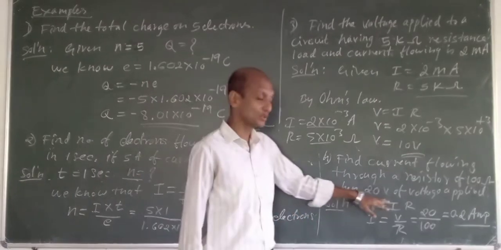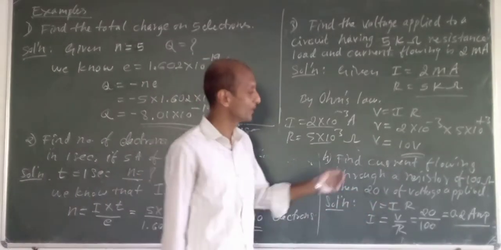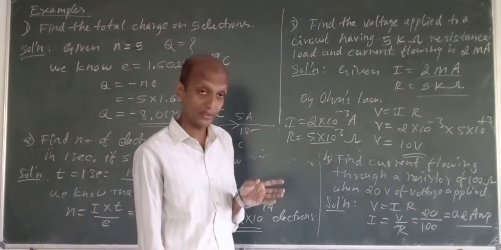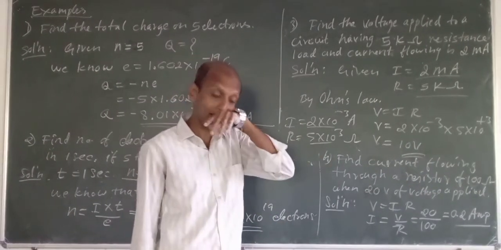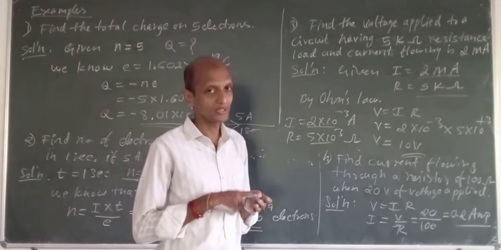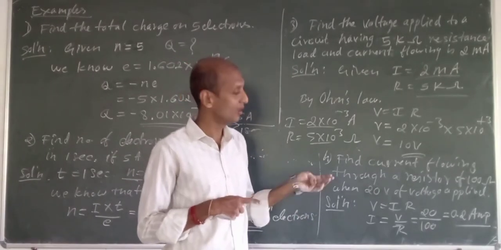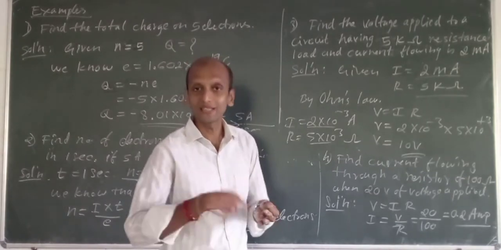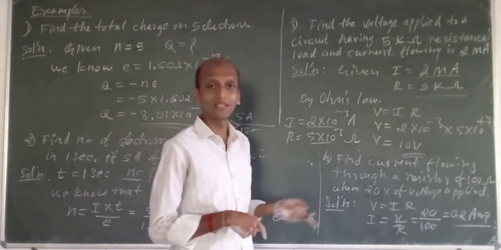So when 20 volts of voltage is applied to that circuit and that circuit has a load resistance of 100 ohms, I have to calculate the current. We know the voltage and we know the resistance, so the third thing, the current, we can calculate very easily.